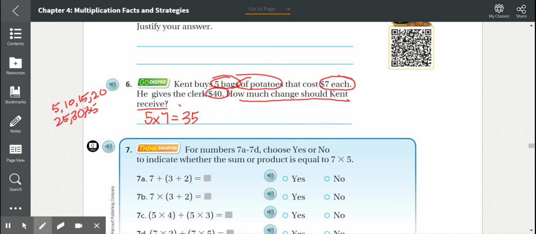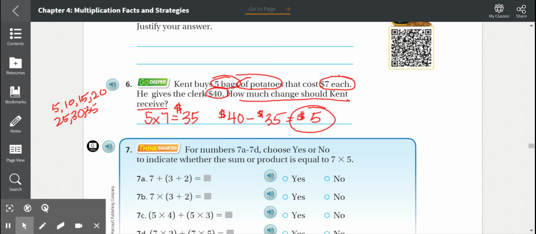But that's how much he needs to pay, $35. But he gives the clerk $40. Right? So he gives the guy $40. How much money should he get back? What's $40 minus $35? Well, the difference between 35 and 40 would only be 5. So he should get $5 back in change.